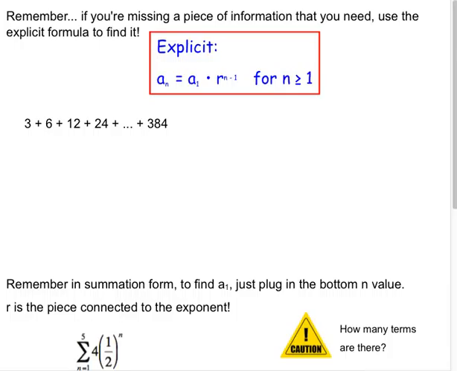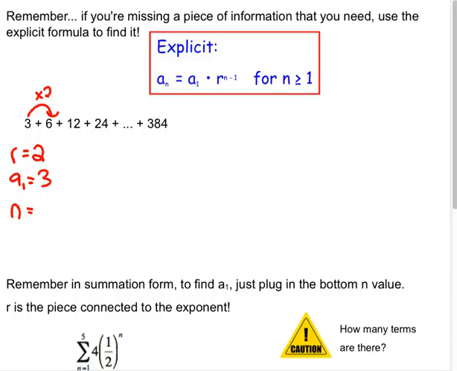So remember, if you're missing a piece of information that you need, use the explicit formula to help you find it. So here, I can see that I'm multiplying by 2, so my rate is 2, my first term is 3, but I don't know the number of terms, okay? That's the last piece of information I need, and I don't have it.